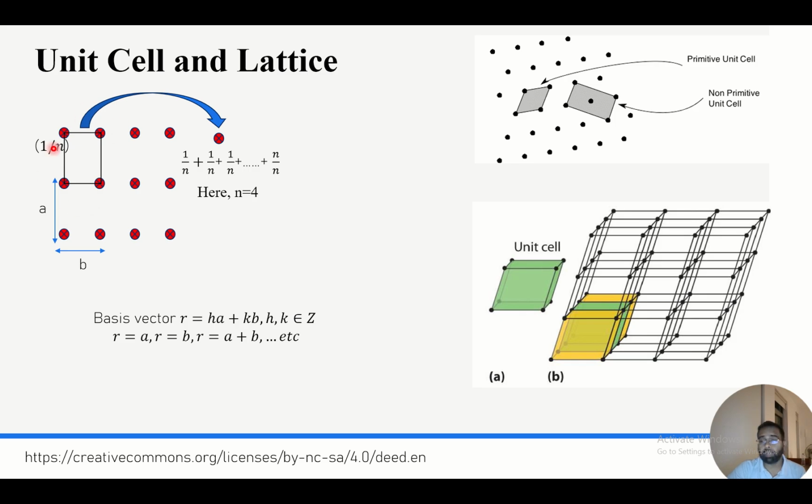The main building block, the smallest unit. This smallest unit can also be divided into two categories: primitive unit cell or non-primitive unit cell. Let's say this is the smallest unit and the atoms are only on the corners.